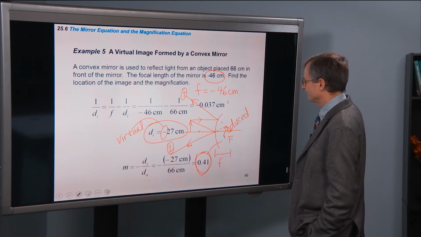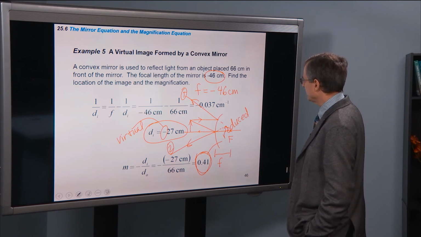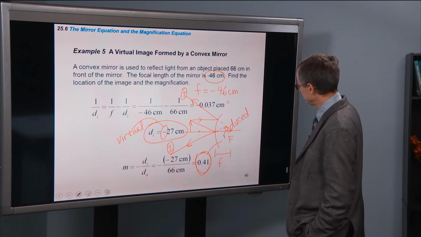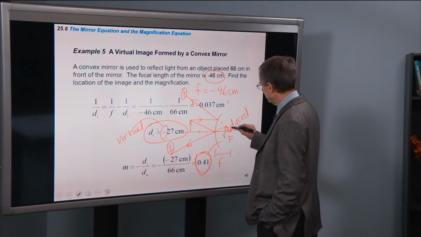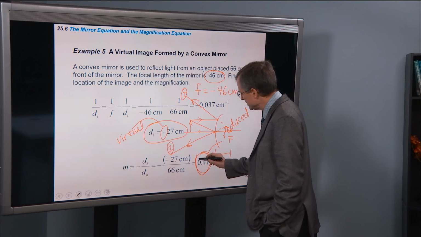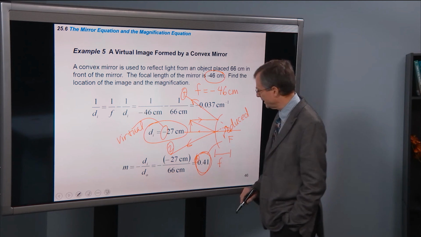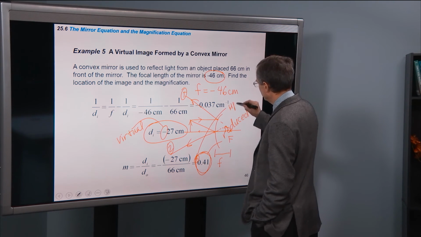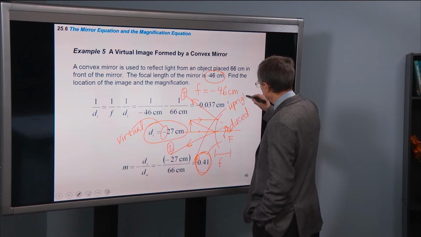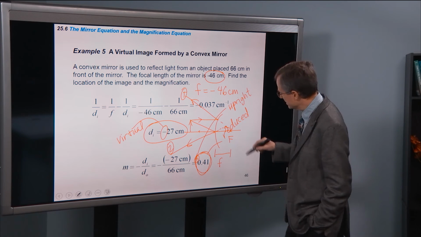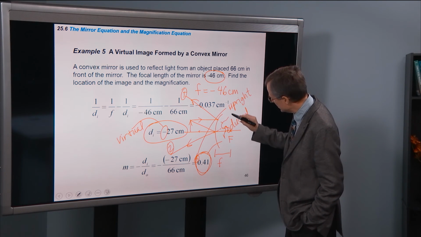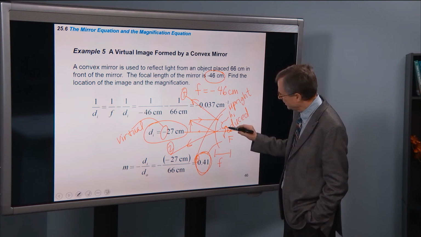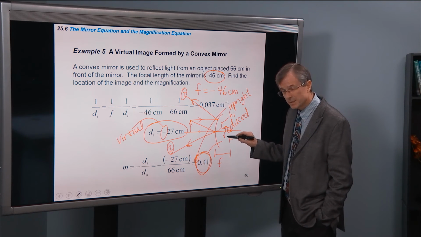And upright or inverted? The image is actually upright. Because this is a positive number here for the magnification, that tells you that the image is upright. Because the height of the image, this h_i here, must be positive.